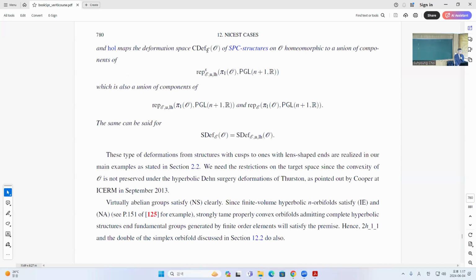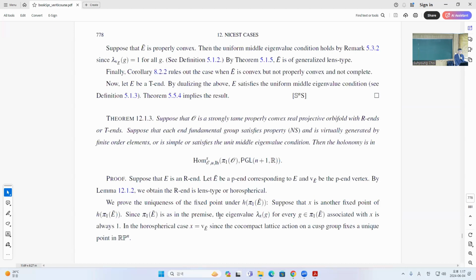This sends this space to the union of components of this, which is also a union of components of this, because you can drop the stability and this component will always be in the stable set. You can also do the same for the stable case. So those are the things here.